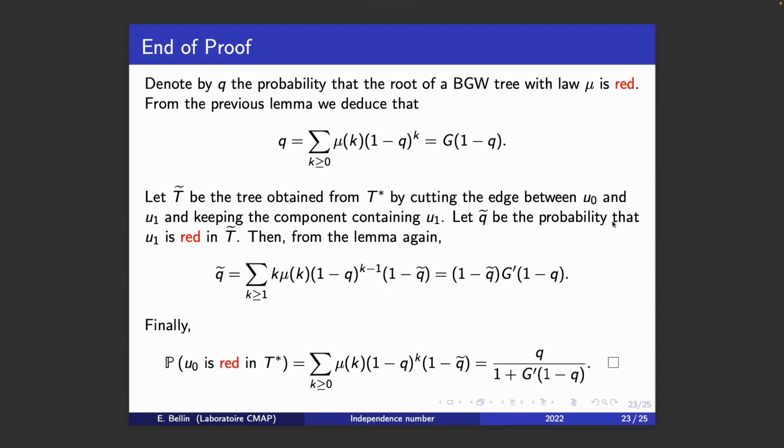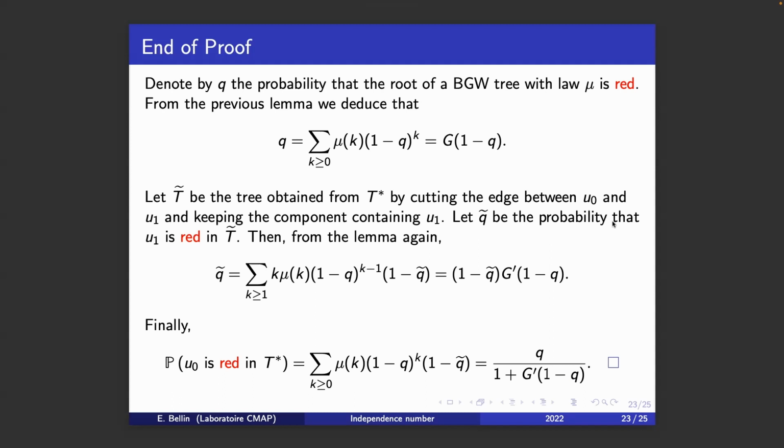And finally, to conclude, for the probability of U0 being red, for the third time we use the good property. The probability of having k children for U0 is mu k. Those k children need to be non-red. And you also have U1, which reproduces like T tilde, and this one needs to be non-red as well.